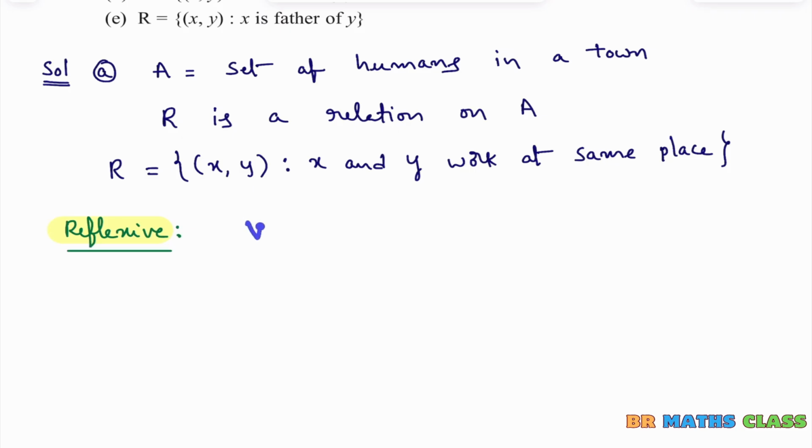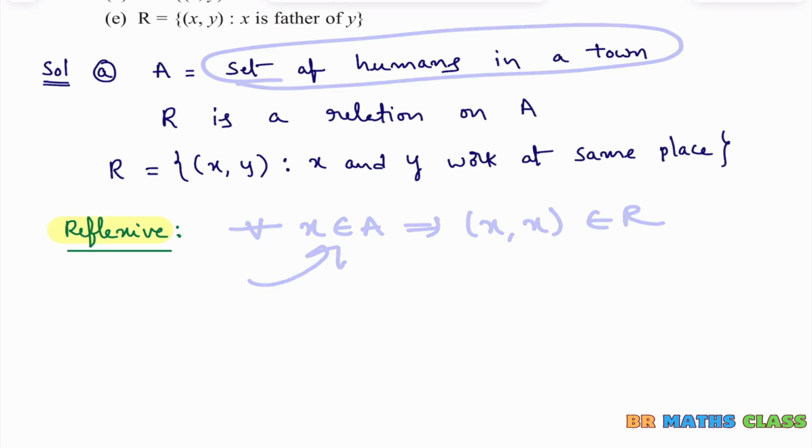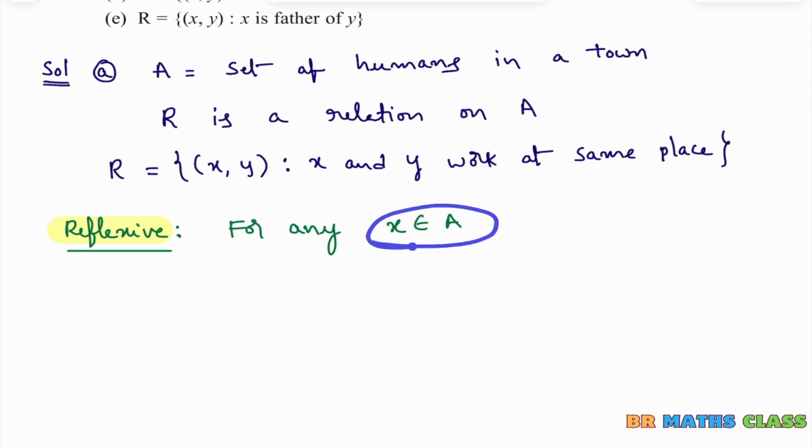What is the reflexive definition? For every x in set A, the ordered pair x comma x is in the relation, then we say that the relation is a reflexive relation. For every x in set A, I'll take one human being from this set. Let's see what happens. I take any x in set A, that means x is a human being.